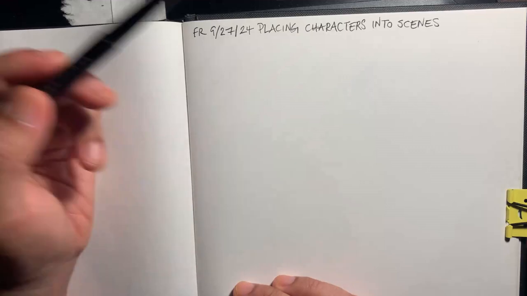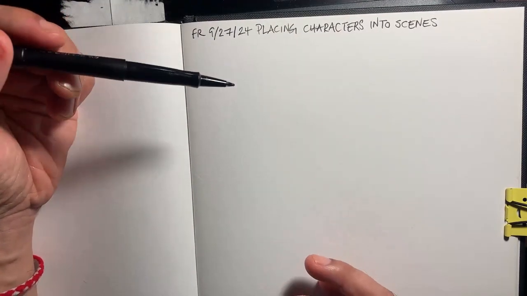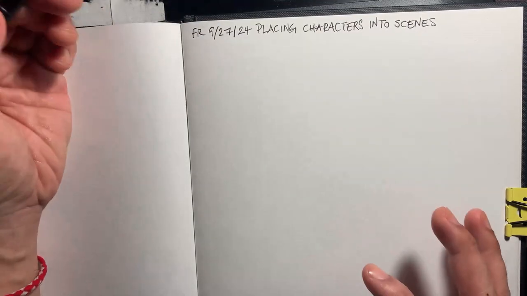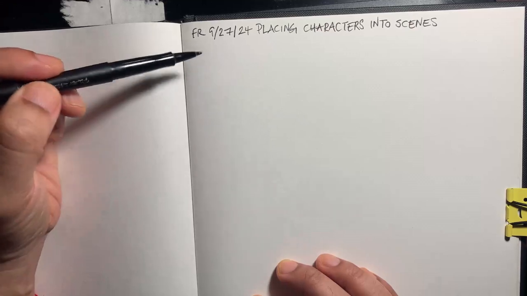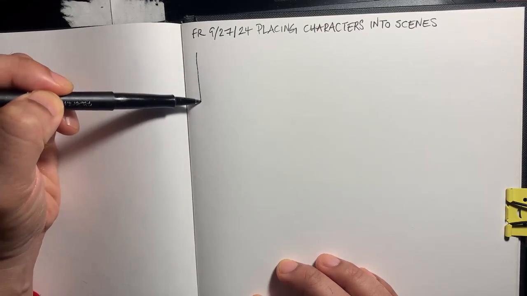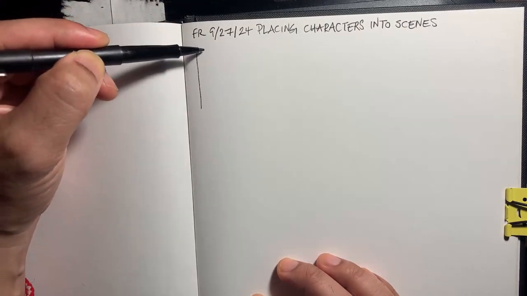So, placing characters in scenes, we're gonna stick with being sketchy and also thumbnailing so that we don't get lost in the details, and so we can be quick about it.